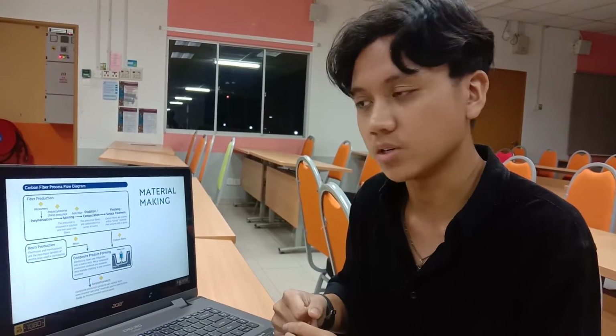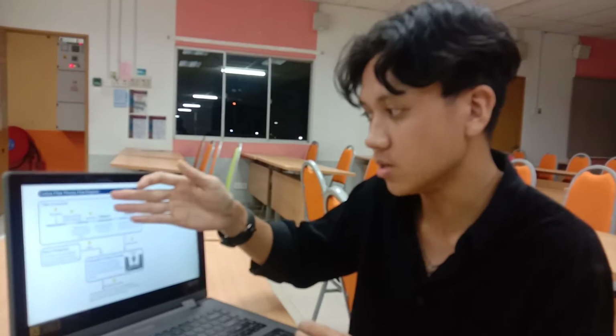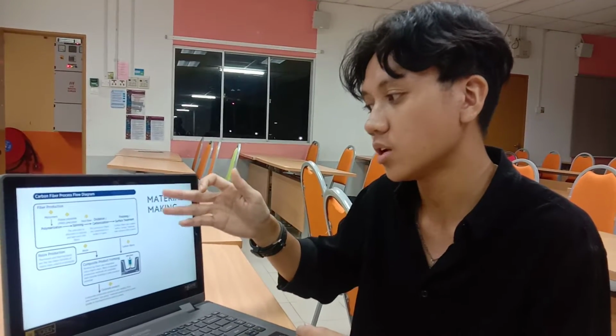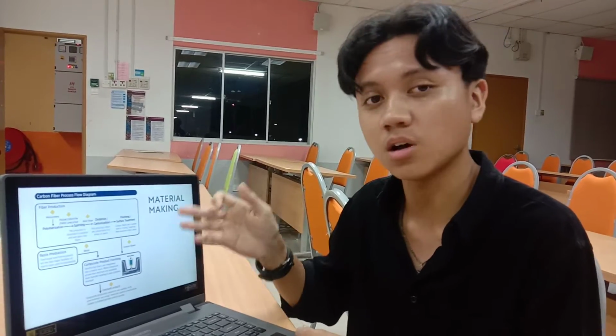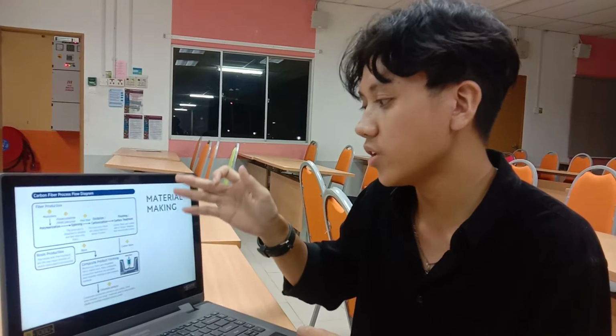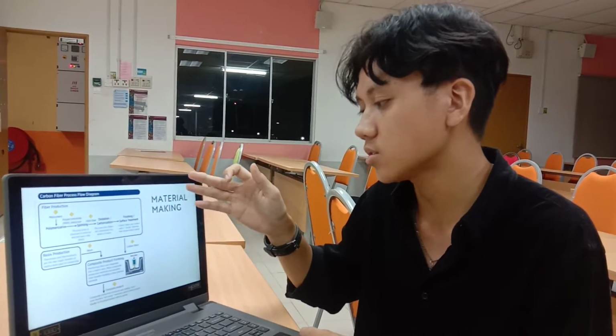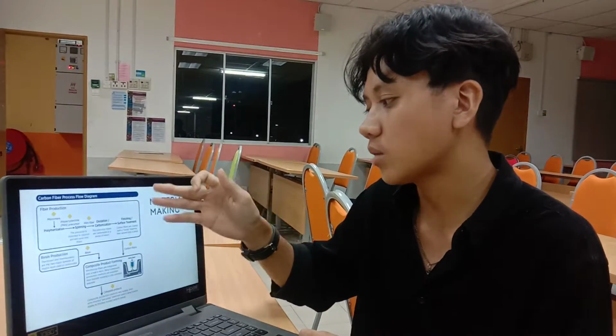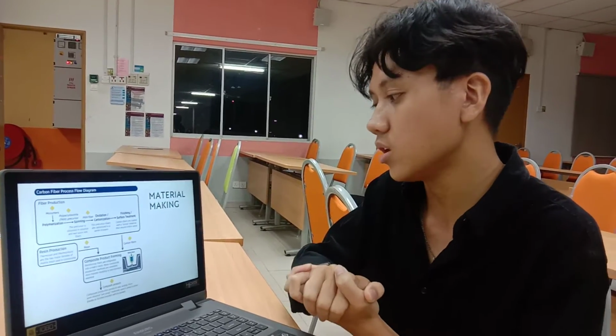This precursor is dissolved in a solution and wet spun into fiber, and then the spun fiber has to go through oxidation, and then carbonization, where the fibers are carbonized in a series of ovens. The result then goes through the finishing process, known as surface treatment, where carbon fibers are coated with sizing material and then wound onto a spool.